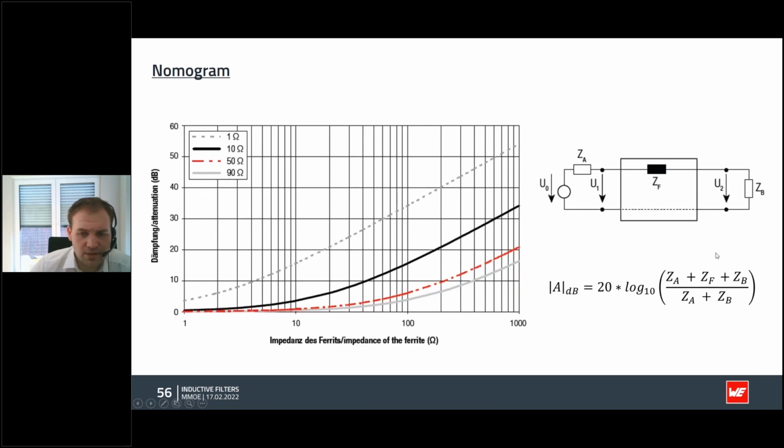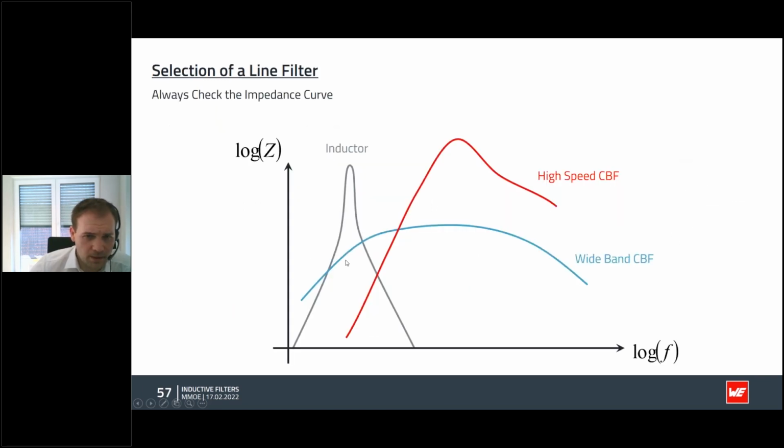The last thing to consider when choosing an inductive filter component is, well, the actual impedance curve. So at what frequency do I need the impedance? This is another indicator if you should use a power inductor or a normal SMD ferrite.